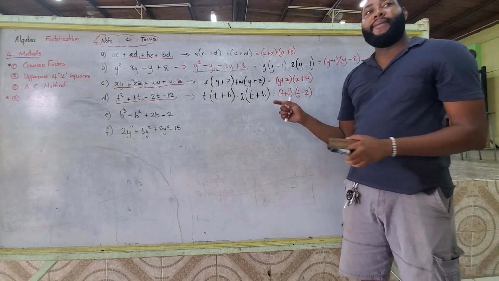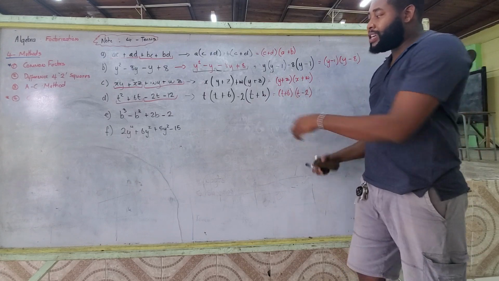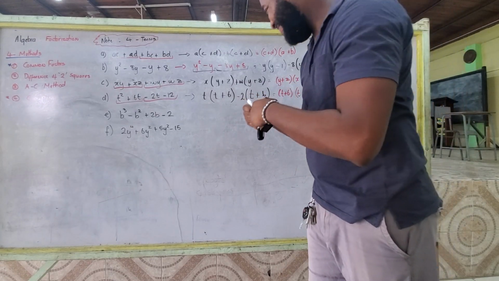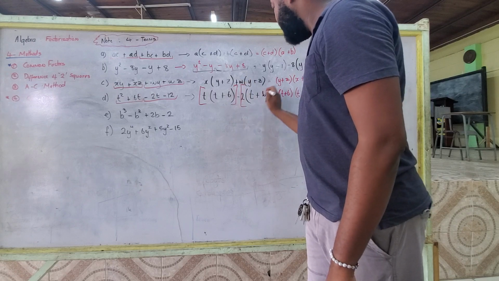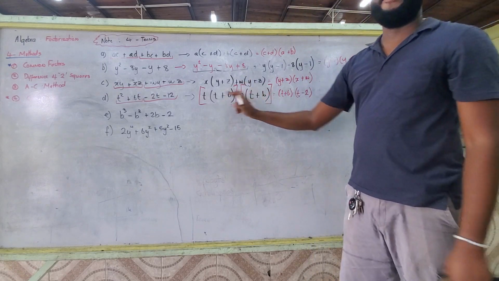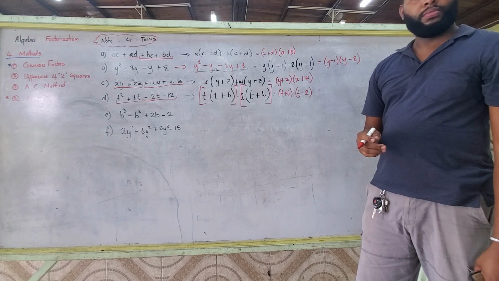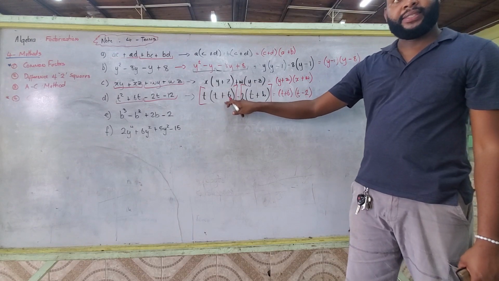Which part I understand? How I go to the red part? What's the common factor? Look at these two in brackets like this. So box up this. What's the common factor in these brackets? The T plus 6.